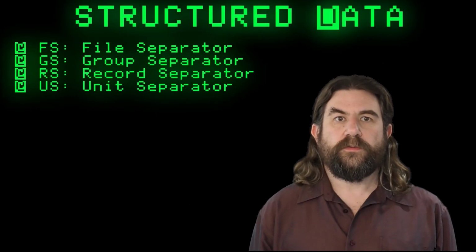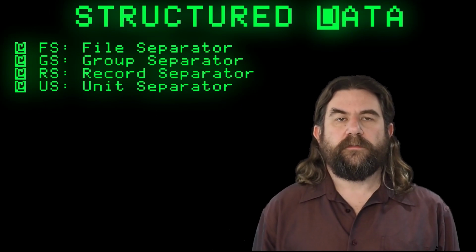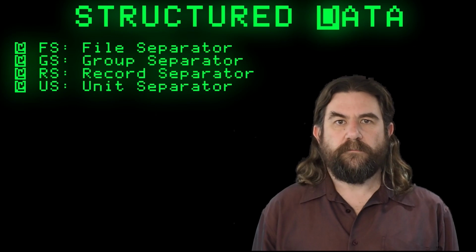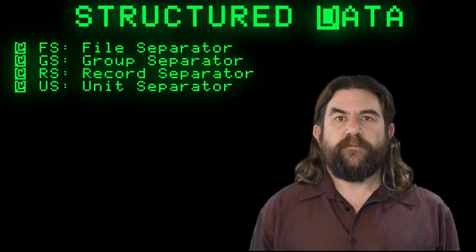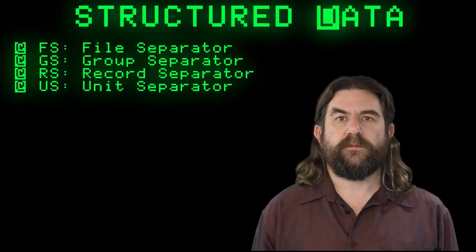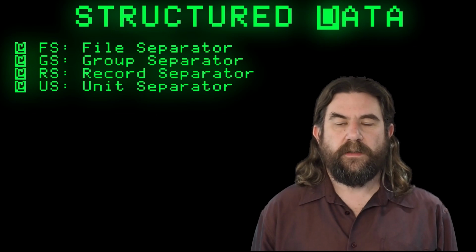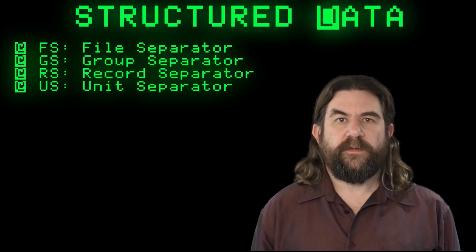ASCII contains 4 control characters, FS, GS, RS, and US, which stand for file separator, group separator, record separator, and unit separator. These provide 4 levels of record structure. But because they've been difficult to enter in a regular text editor, and because no text editor was really written to use them, they've been largely ignored ever since.